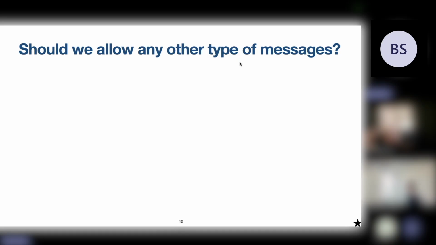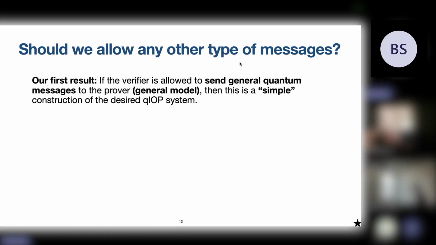And what we showed is that if you allow the verifier to send a general quantum message: classically, when the verifier sends the prover some message, it is chosen by the verifier himself and can be anything. In our case, we show that if you allow the verifier to send an arbitrary quantum state to the prover, so it's a general setup, then it becomes kind of simple.